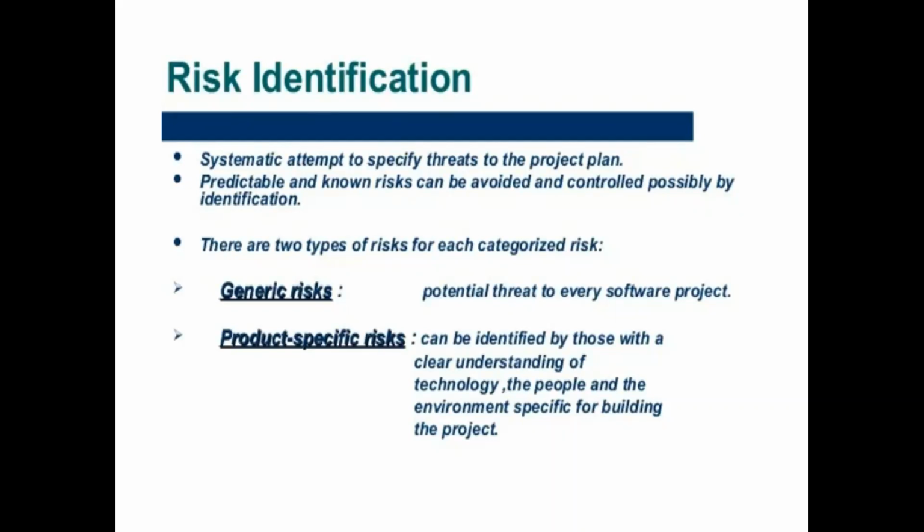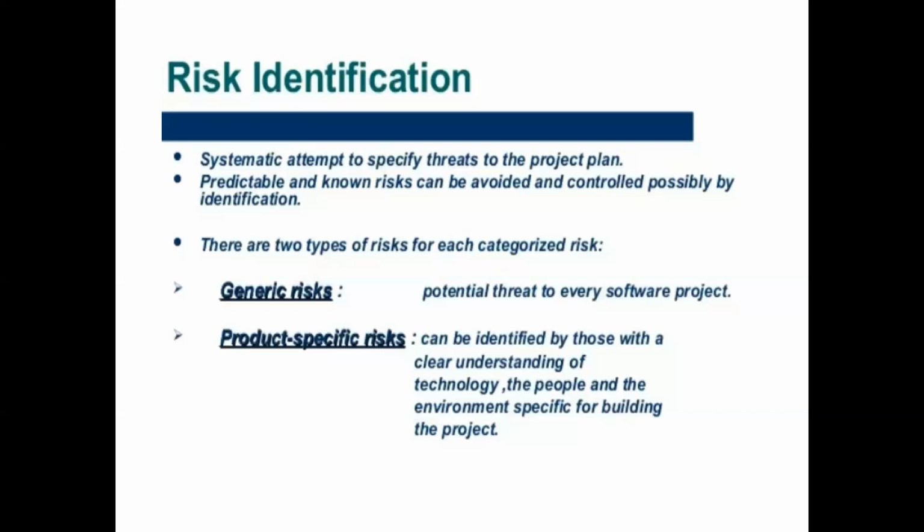So there are basically two ways to identify the risk. You can think overall about the software model, the overall model, and where the risk may arise. That is the generic view. Now you may think product wise, that means phase wise. Only the design phase I will think about, and if the design phase has any risk, that should be listed out.